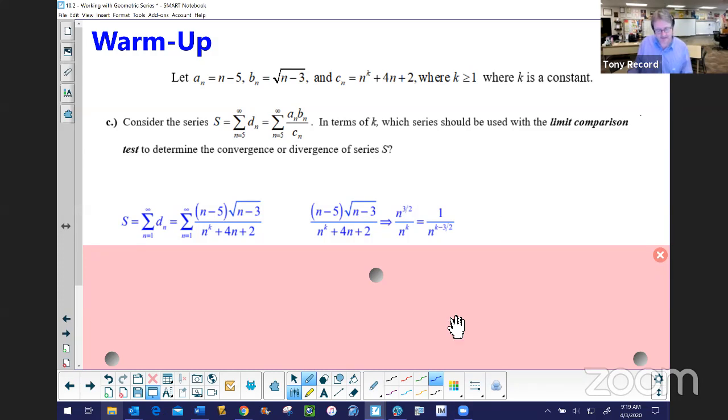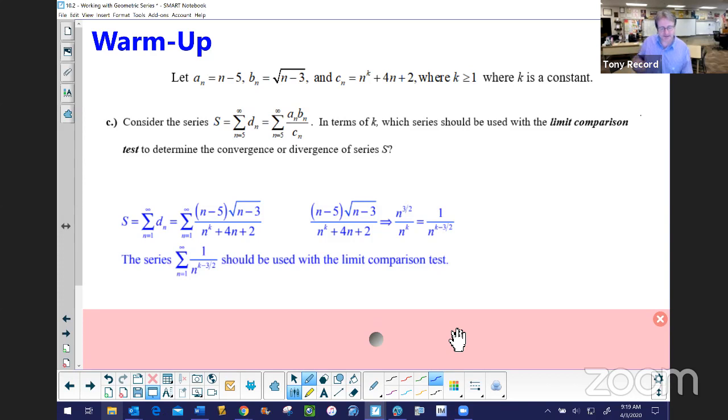Now, what that means is that series is the one we should use for the limit comparison test. And that's what the question was: what is it that you're going to compare this to? Because we don't know k specifically, we can't really move on any further with this.